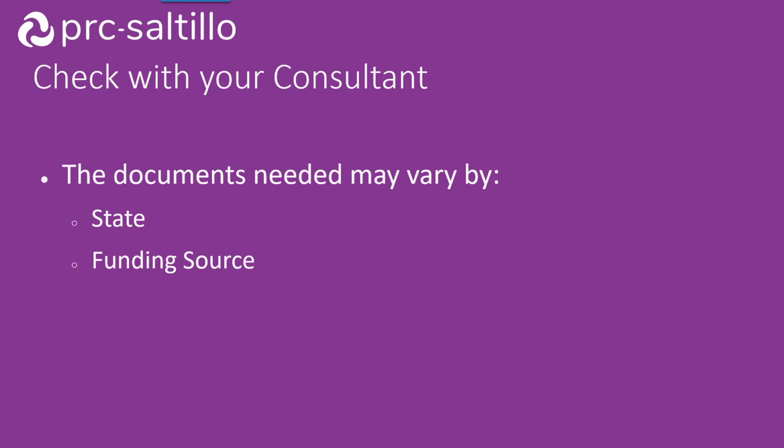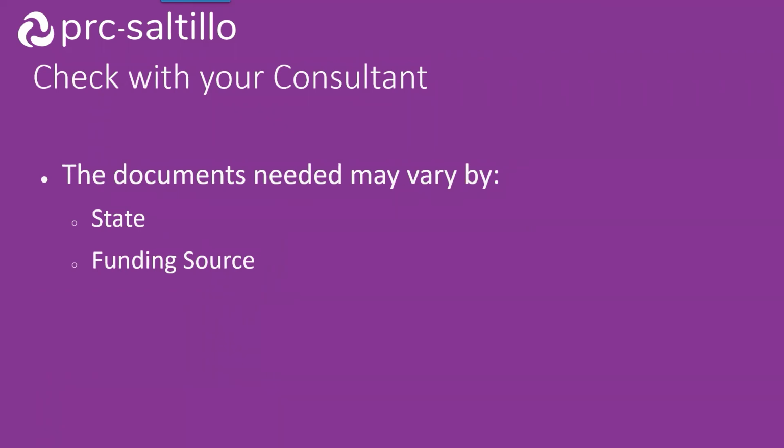I know in my territory, there were at least 2 documents that actually had to be on the letterhead from the State Department of Health and Human Services. So this is going to be a really high overview, and we recommend for any of the state-specific things you reach out to your local consultant. But there are going to be some state documents, and then there will also be some general funding packet source documents that we're going to need.